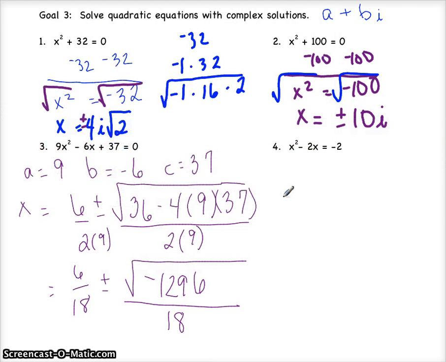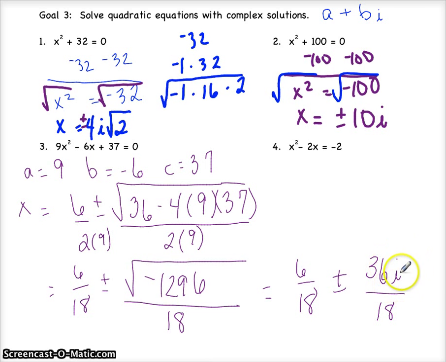So what does that mean? That means we have 6 divided by 18 plus or minus 36i, all divided by 18. Now remember, we were not able to find the square root of the negative, so we took the negative out and let the calculator tell us that the square root of positive 1,296 was 36.